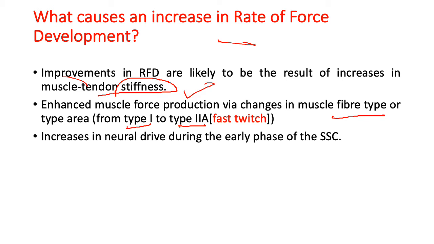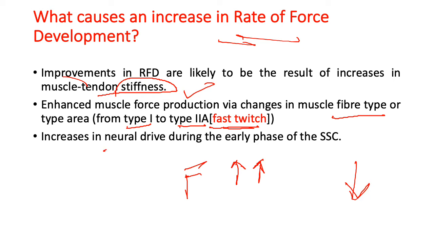When we recruit fast twitch fibers, the amount of force produced is more. So when you are training specifically for RFD, your brain will recruit more of these fast twitch fibers, so that you can produce a large amount of force in a short period of time.